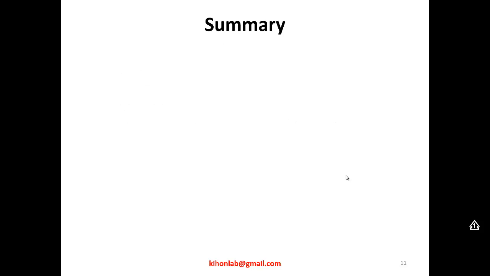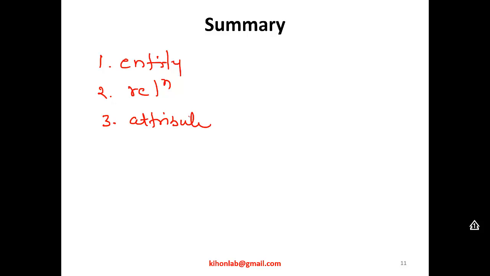So this is all together the steps of drawing an entity relationship diagram. The first one is finding out entities. Second one, relationship. Third one, finding out attributes. Next one, finding out keys, whether it could be a primary key or foreign key.